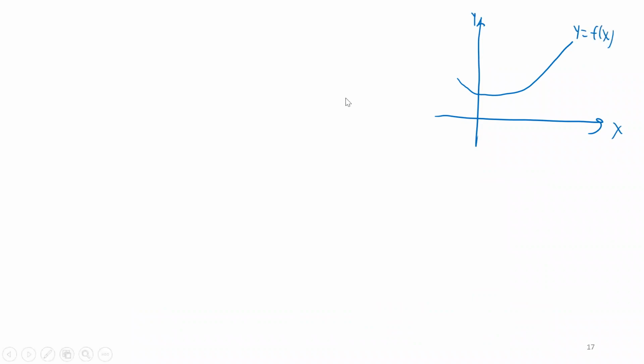Let me draw a picture. Suppose I have a function like this, and then the Taylor expansion from the last slide. Let me consider the first term that has an x in it.